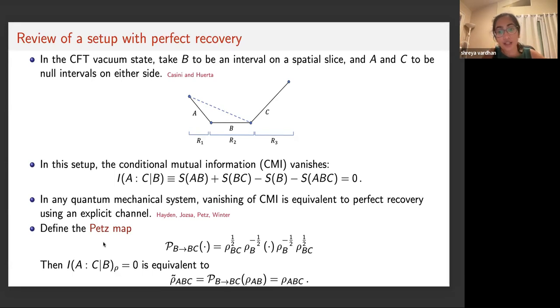And in fact, not only is it possible, but you can write down an explicit form of the channel which accomplishes it, which is called the Petz map. So in this channel, you act with rho B to the -1/2 on both sides of the input, and then act with rho BC to the 1/2. So the vanishing of the conditional mutual information tells you that the state rho tilde ABC, which you construct by acting with this on rho AB, is equal to rho ABC.